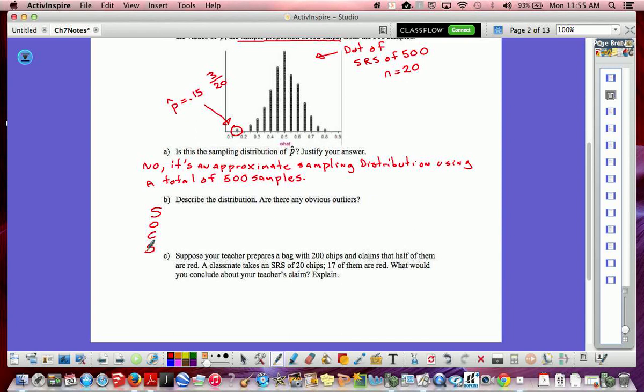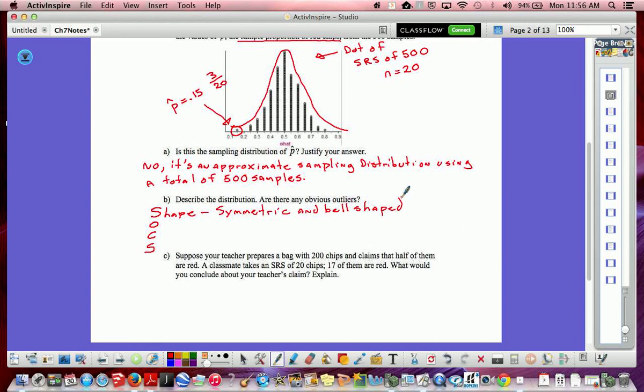All right, how would you describe the shape? Yeah, I would say definitely symmetrical. Would you say it's bell-shaped? Kind of looks like a normal curve? So, symmetrical and bell-shaped. Are there any outliers?